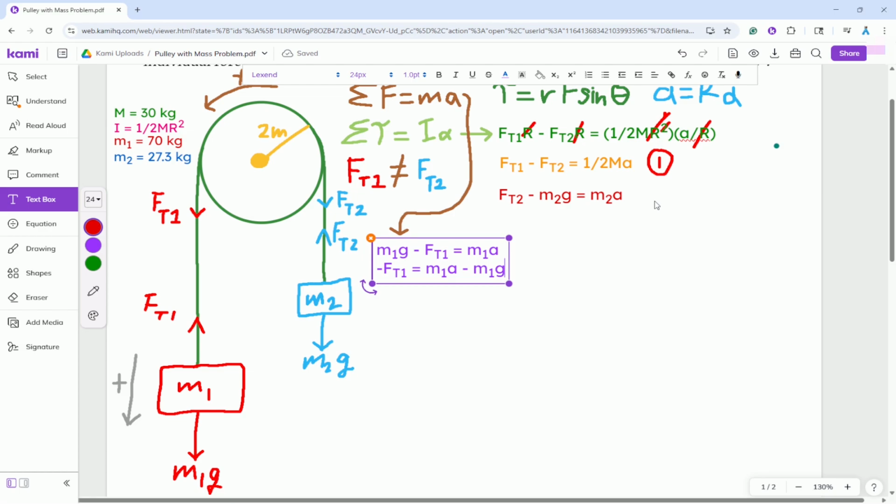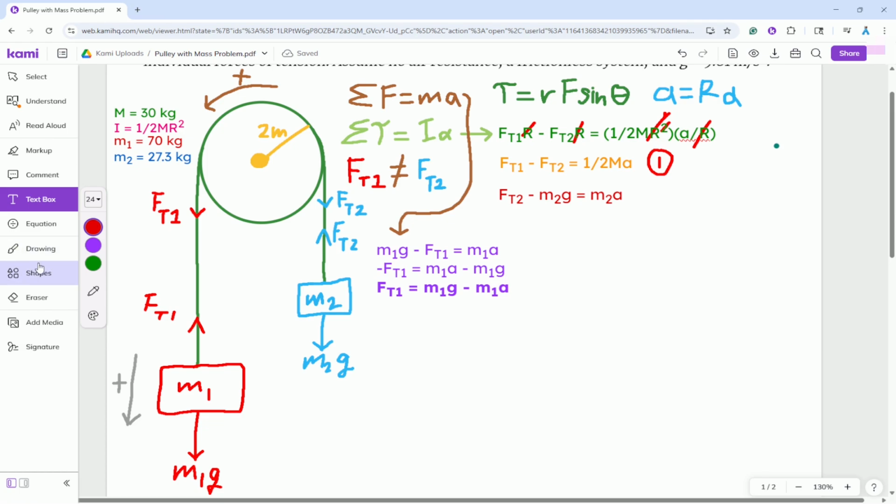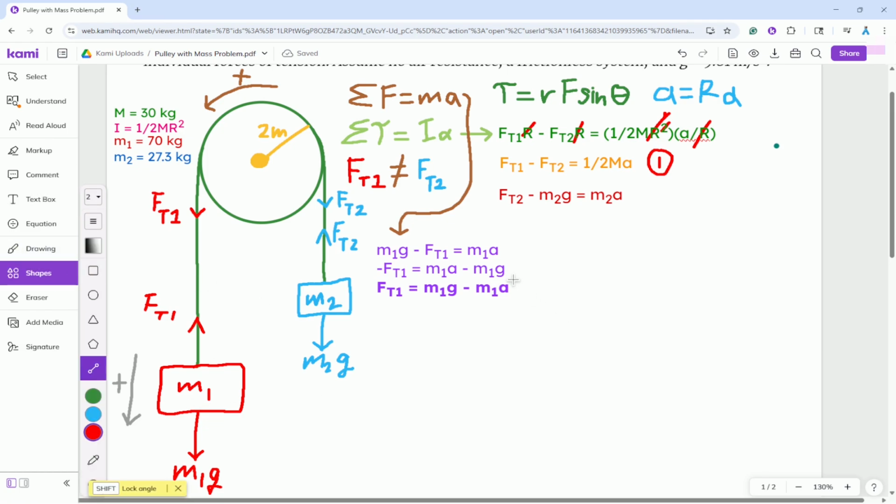Now, we could just divide everything by -1, basically swap the signs, and you get FT1 is equal to M1G, negative M1G becomes positive, and then M1A becomes negative. This is another sigma equation that we're going to use. I'm going to mark it because we're going to need it later.